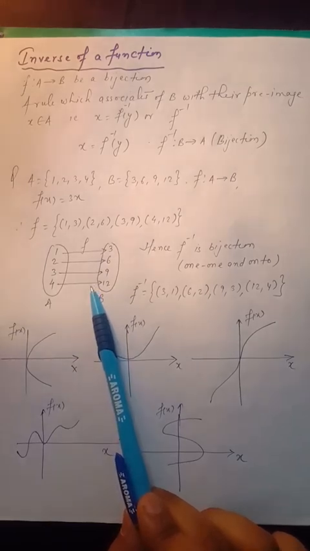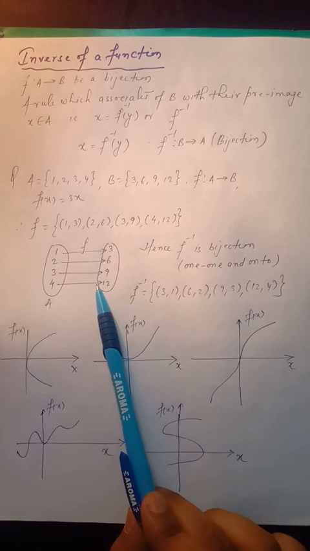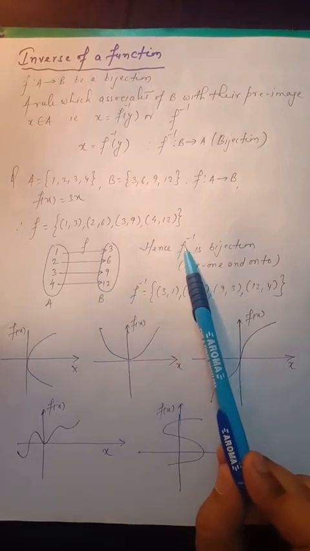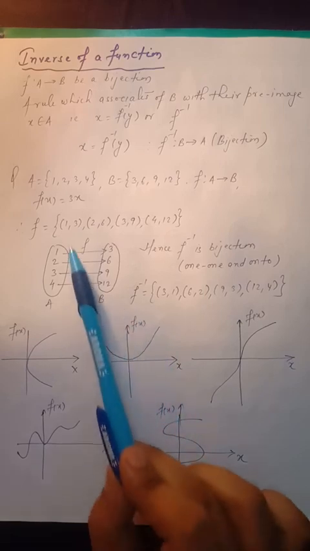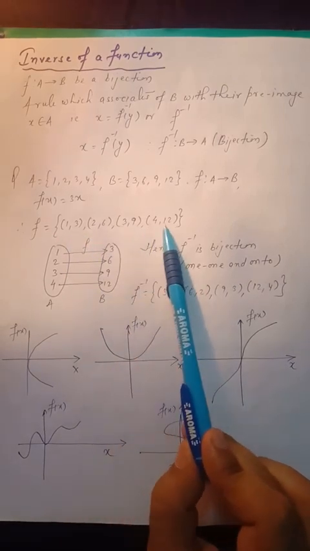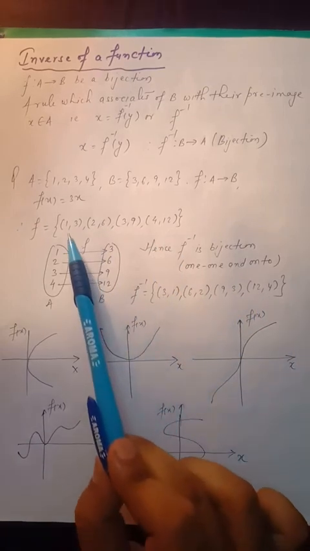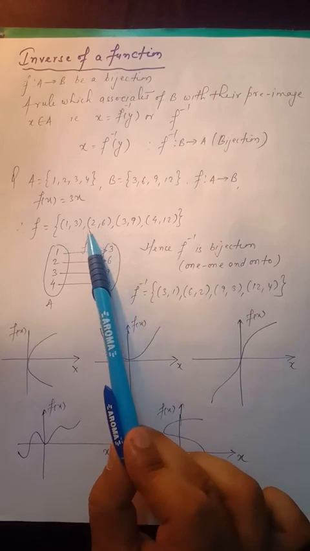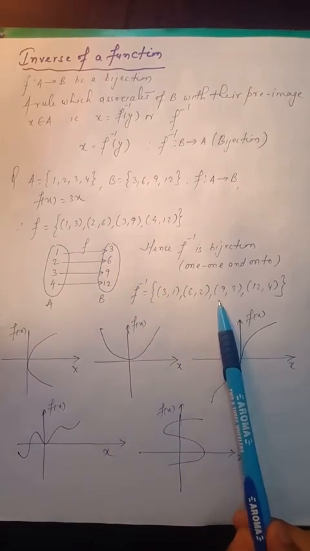When it is a bijection, the inverse of this function is possible, and it is represented by f inverse, and f inverse is actually (3, 1), (6, 2), (9, 3) and (12, 4). Means in the ordered pairs we just change the sequence of elements and it becomes f inverse.